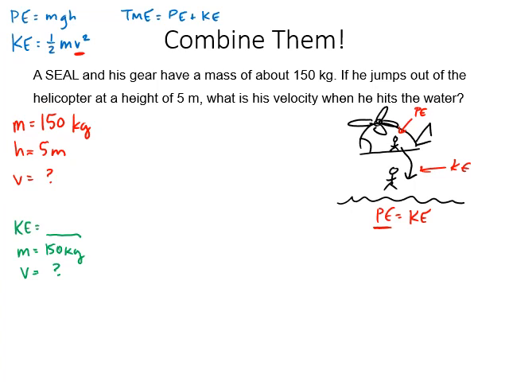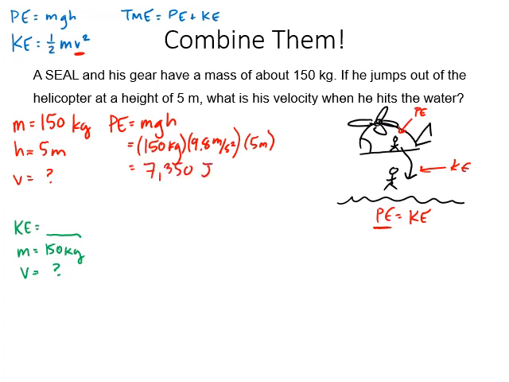When we solve for potential energy, PE equals mass times gravity times height. We're still on Earth, so we know the gravity is going to be 9.8 meters per second squared. Plugging in the mass, which is 150 kilograms, times gravity, which is 9.8 meters per second squared, and then times the height, which is 5 meters, we get a potential energy value of 7,350 joules.